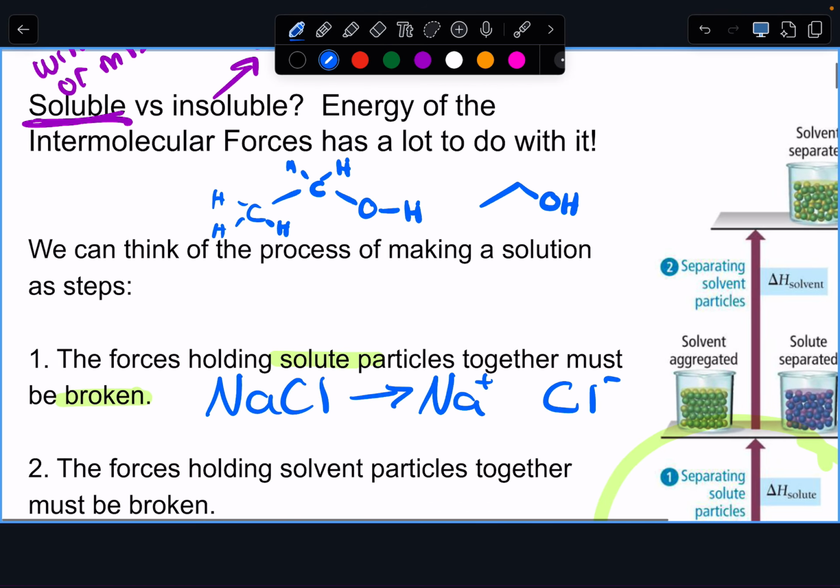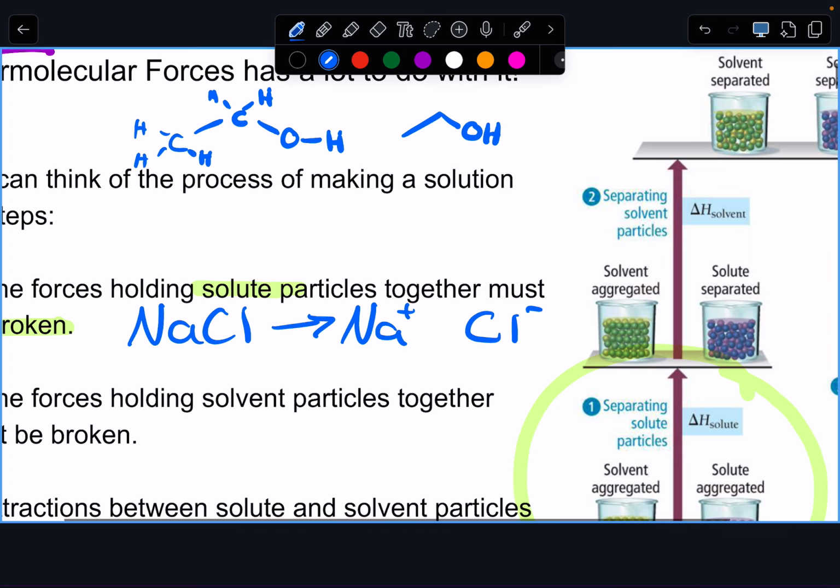So if I have ethanol, which is not an ionic compound, breaking apart the solute, I would start with ethanol, lots of little ethanol molecules. Something like this, okay?